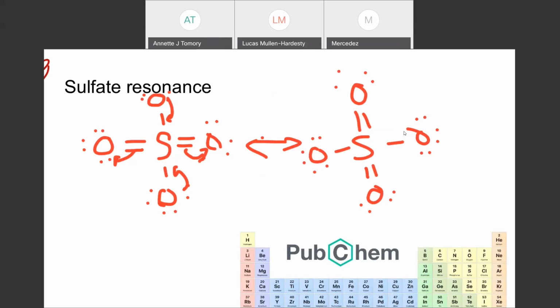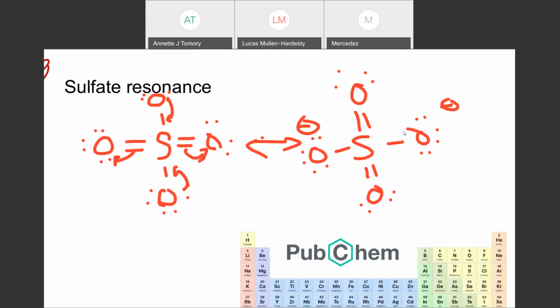I still have a formal charge here and here, but the other three are zeros still. That's what makes it a resonance: we didn't change the actual order of things, but we moved the electrons around to help minimize the formal charges. Does that make sense?